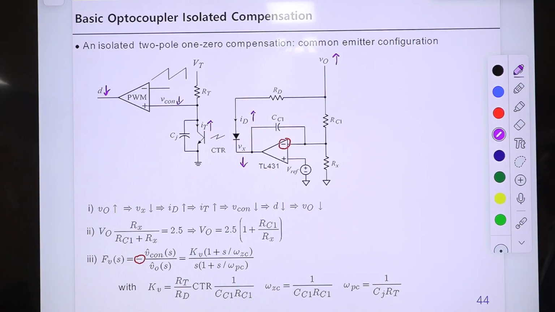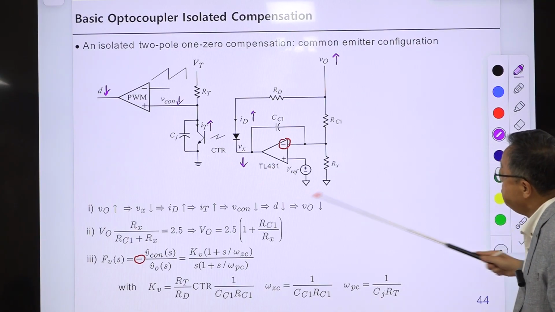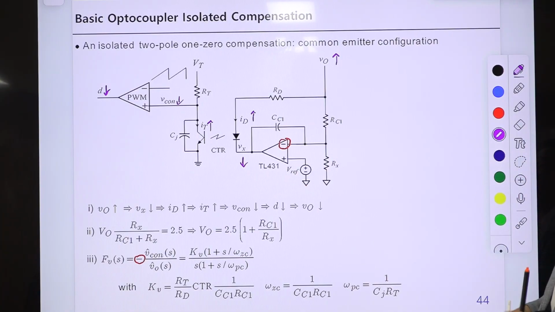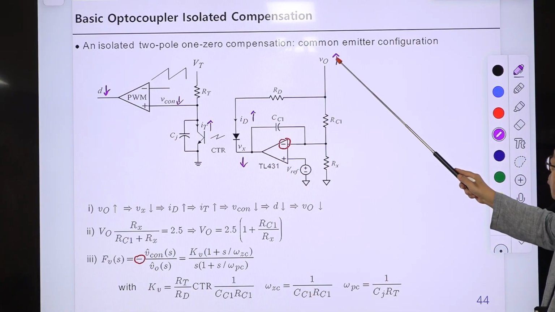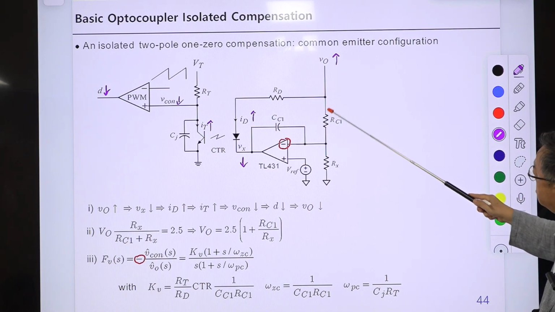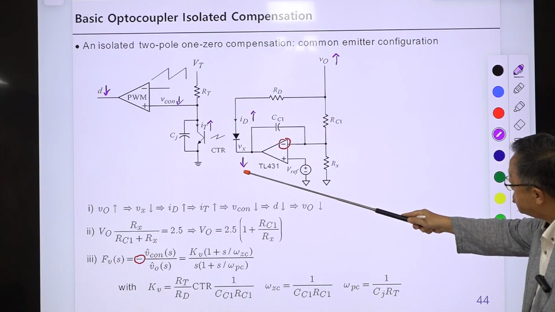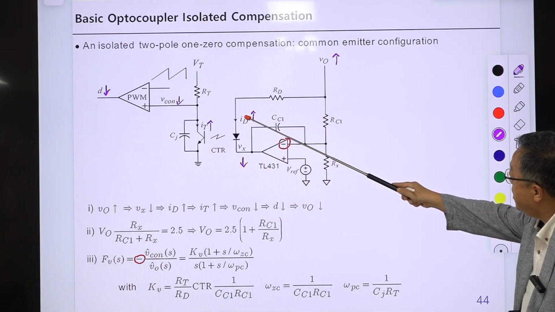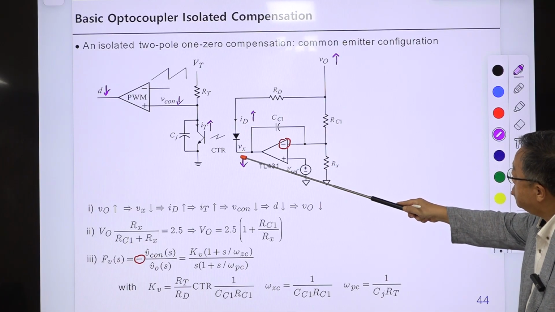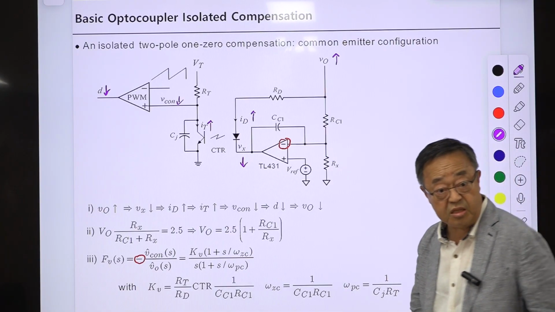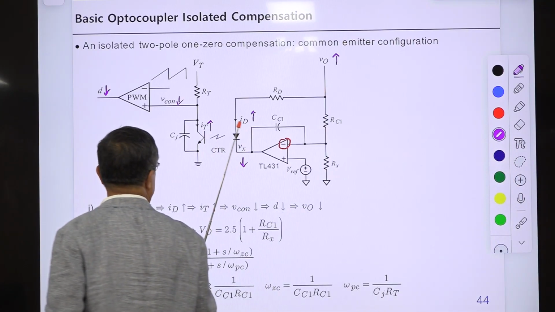This is the feedback circuit, and the feedback mechanism is built in here. Suppose this VO is increased. The minus sign means this is negative feedback. This is reduced, then ID will be increased, then IT will increase.